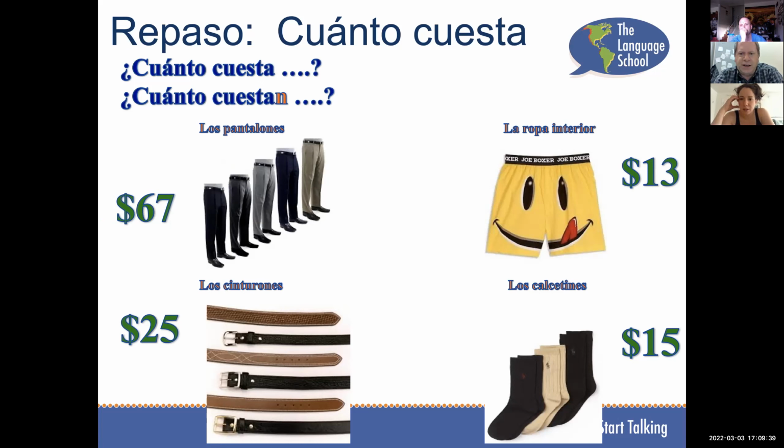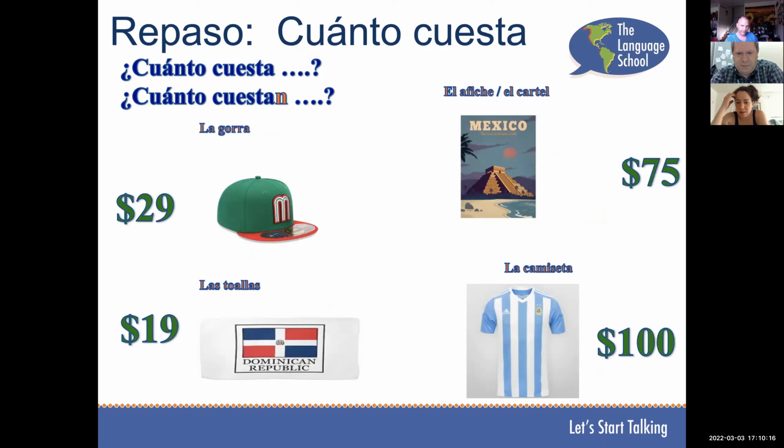La ropa interior cuesta $13. Gracias. ¿Cuánto cuestan los calcetines? Los calcetines cuestan $15. Muy bien.